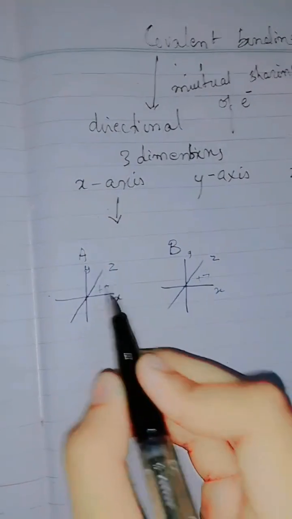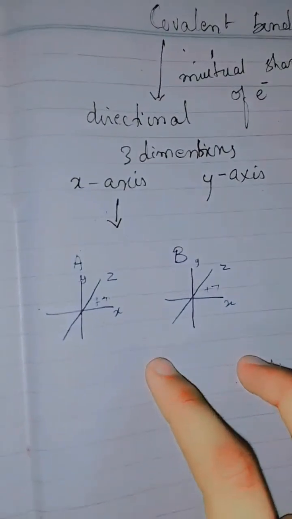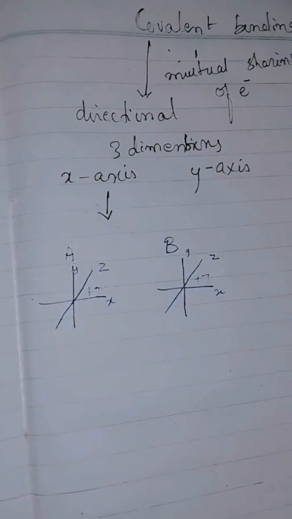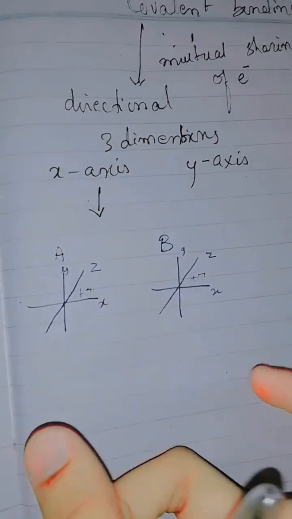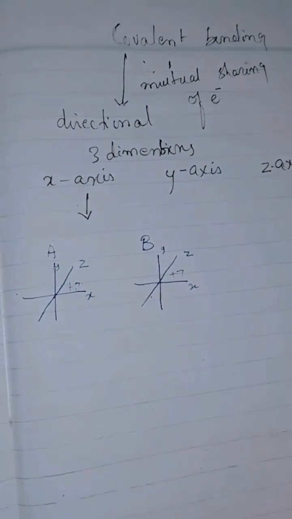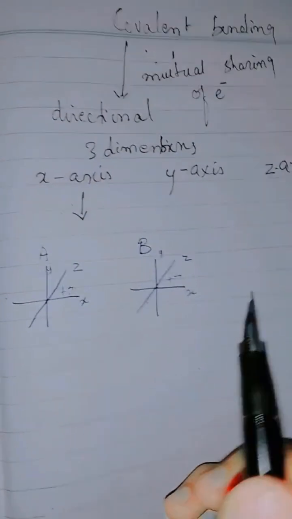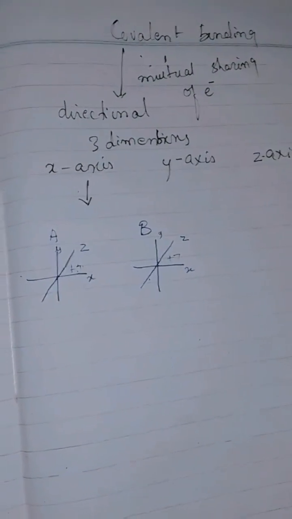And when they come closer to each other because they want to make a bond, the attraction between them increases. How does the attraction increase? Because the nucleus of one atom attracts the electron of another atom, so the attraction increases, and due to this the repulsive force decreases.